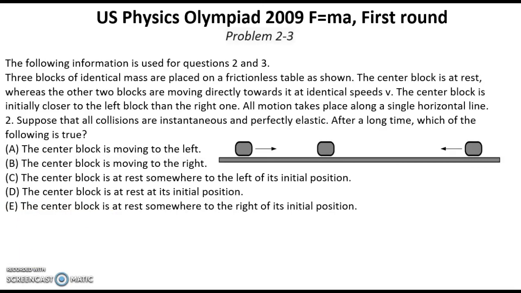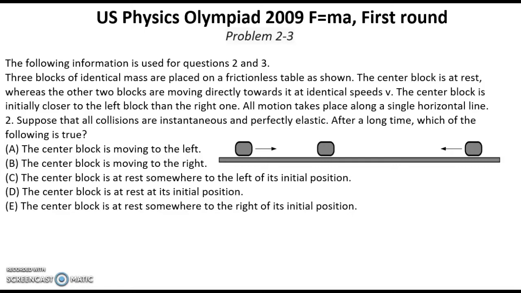Problems 2 and 3. The following information is used for questions 2 and 3. Three blocks of identical mass are placed on a frictionless table as shown. The center block is at rest, whereas the other two blocks are moving directly towards it at identical speed v.